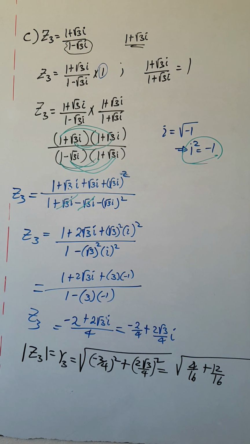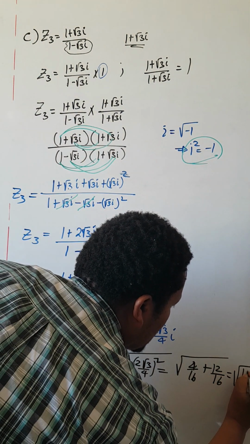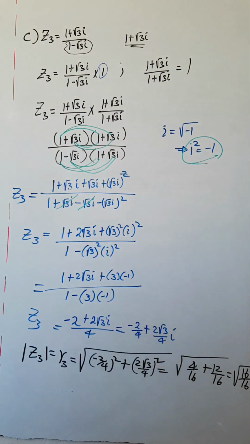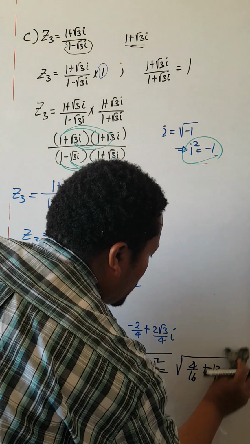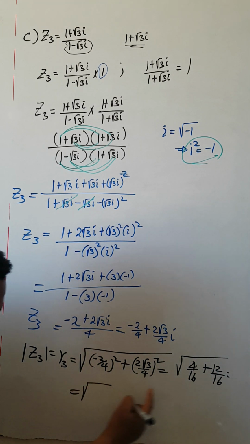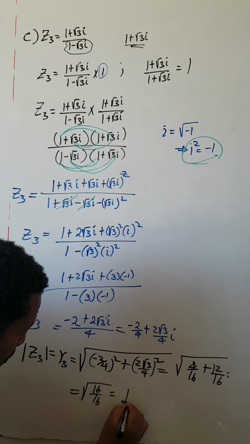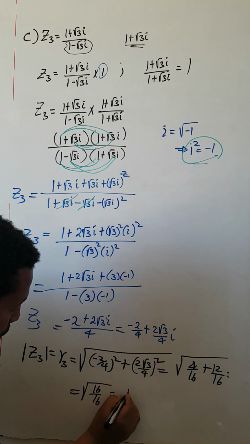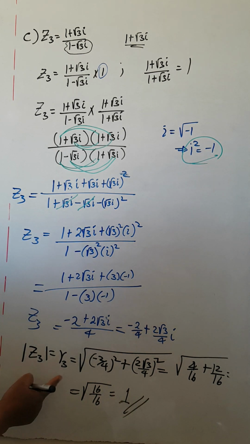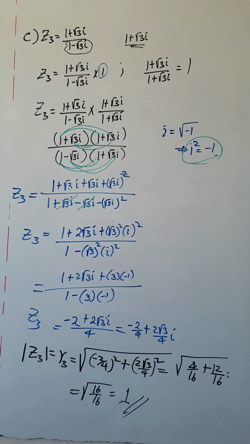Now the sum of the two goes 16 over 16. This is equal to the square root of 16 over 16, which is the square root of 1, which is equal to 1. So the modulus of this complex number is 1.